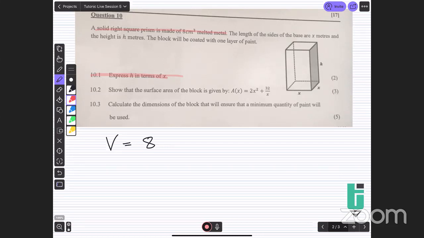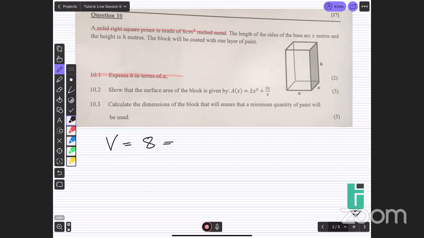Make h the subject of the formula. Which formula? The volume formula. But when I say h in terms of x, what does that mean? That means write an equation for h that has x in it. H equals something with x, right? And how can you do that? Well, can't you use the volume formula? What's the volume of this prism? Length times breadth times height.